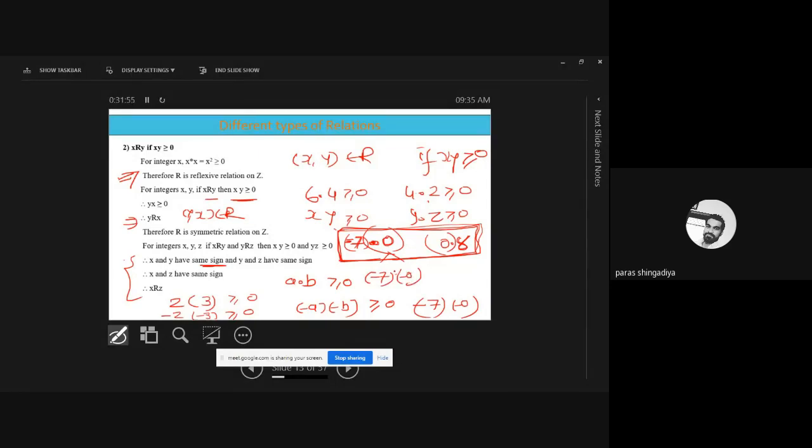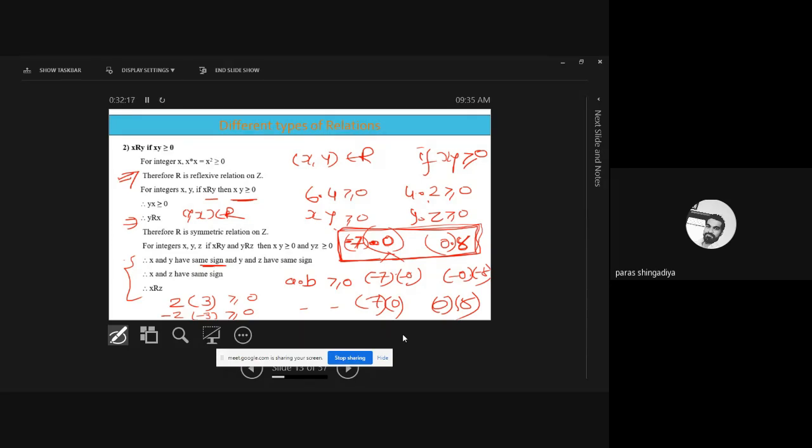Both should have the same sign, then it is greater than equal to 0. And it is -0, -8. Clear? And another form of this one is 7, 0 and 0, 8. That is for the positive case and that is for the negative case.